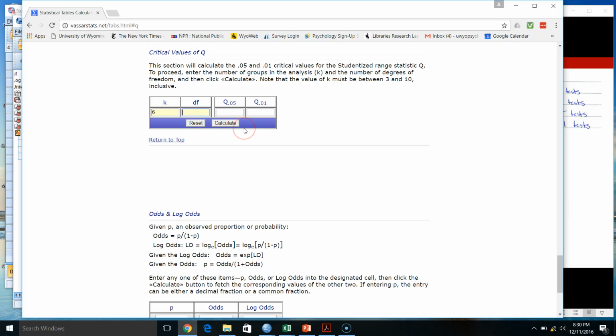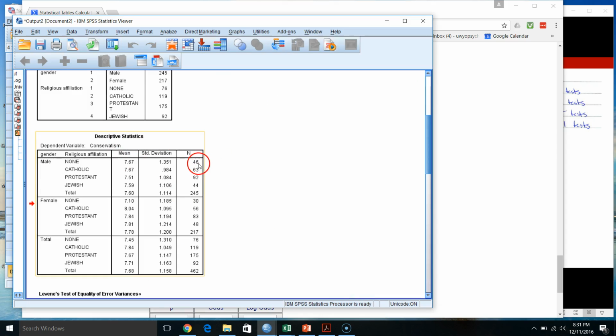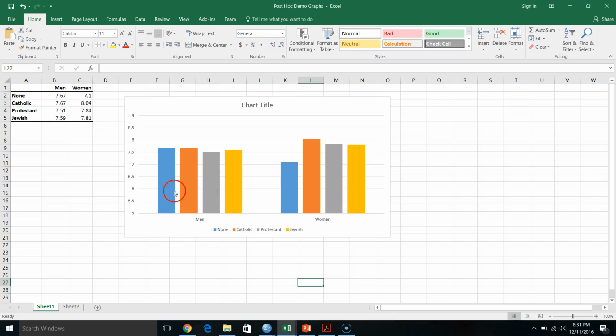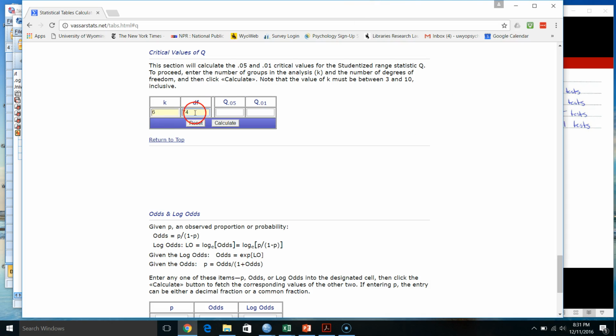And my lowest degrees of freedom in these comparisons is going to be between my unaffiliated men and unaffiliated women. If we're looking at our bar graph here, it's going to be these two groups, right? This is the comparison that's going to have the least amount of people. Total degrees of freedom in that contrast of 74. So we're going to put that here and then calculate.